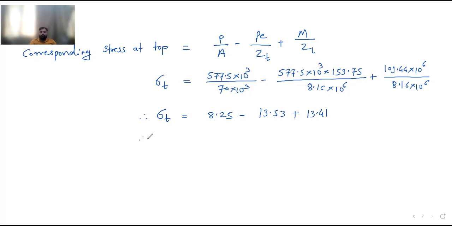So therefore, what is the sigma T now? For second bracket, check the calculation once again. Sir, for second bracket, 10.88. Okay. So for second, it is 10.88. So now do the addition, subtraction algebraically, and let me know the final answer.